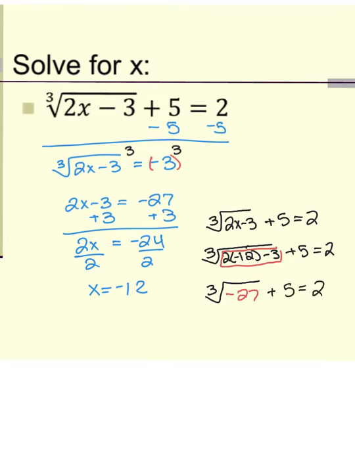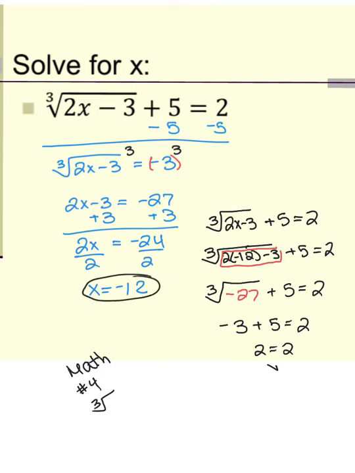If you don't know how to do cube roots, you can always cheat on your calculator. If you hit the math button, then choice number 4, that will give you a little cube root symbol. The cube root of negative 27 is negative 3. And negative 3 plus 5 is 2. That's a valid statement, so this is a valid answer.